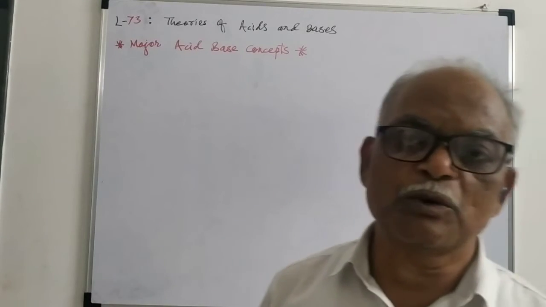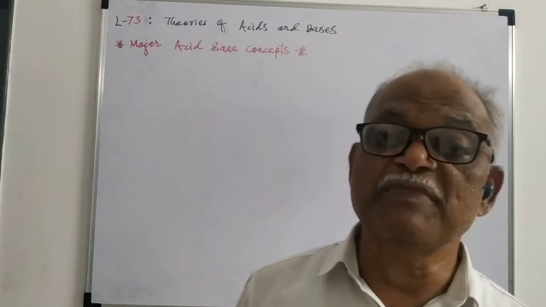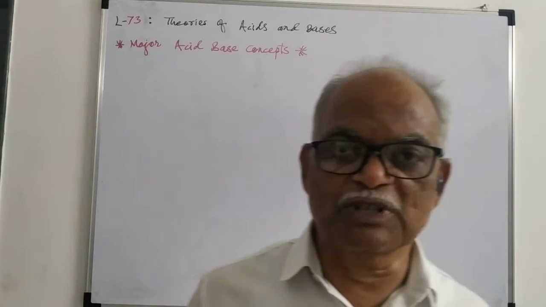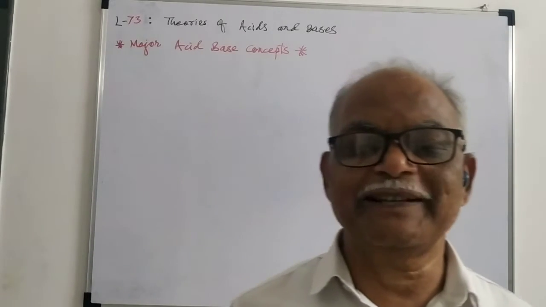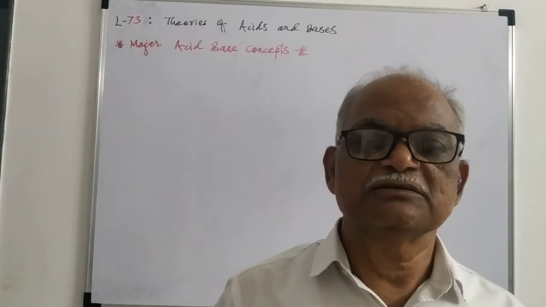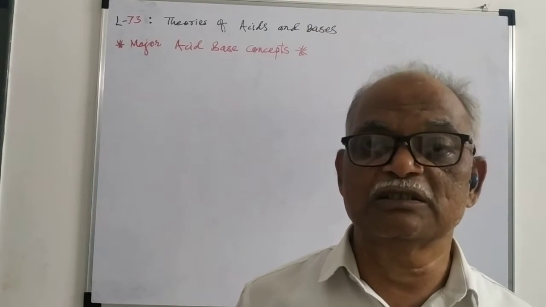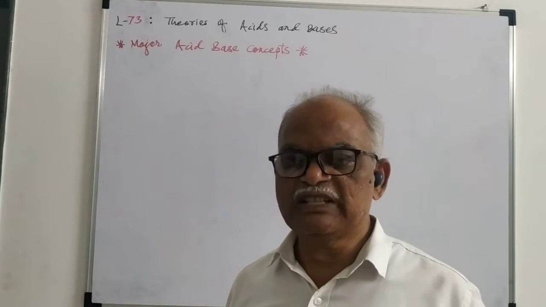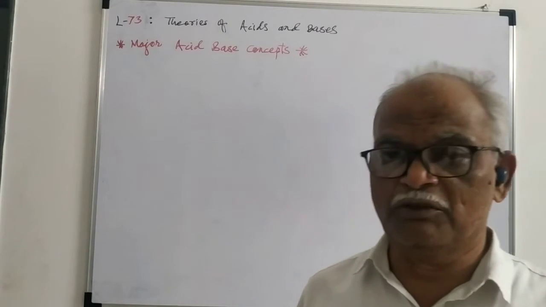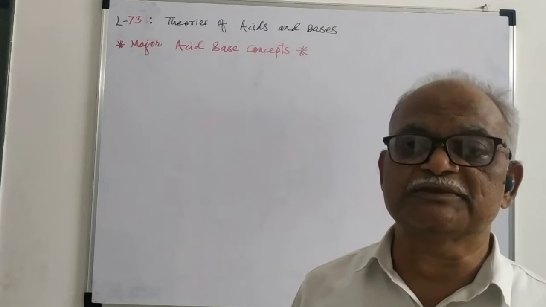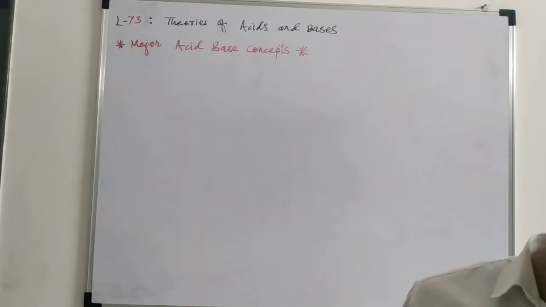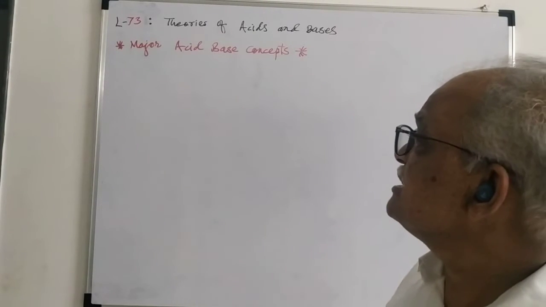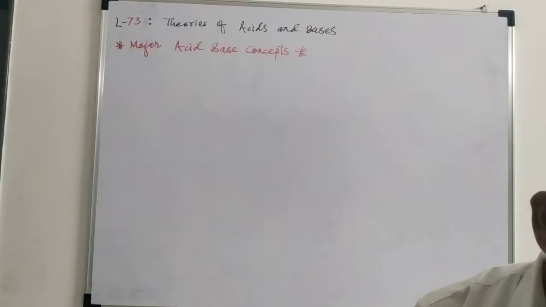Here we are going to see only the major concepts, because there are several minor concepts which are not applicable in today's modern times, though they can still be discussed and understood. So first of all, we will see what these major acids and bases concepts are.